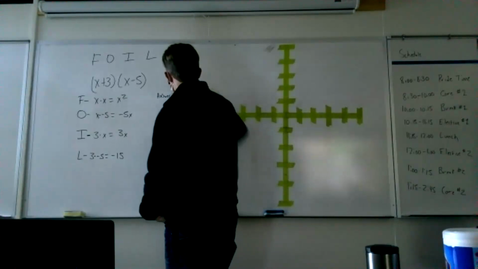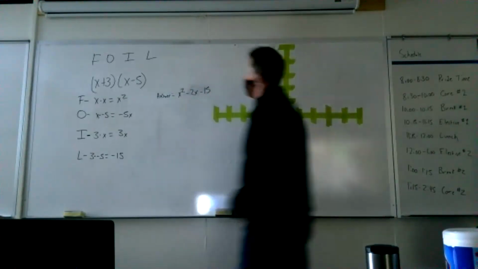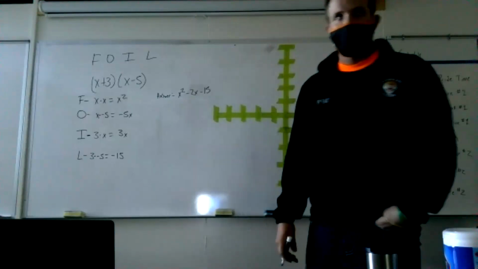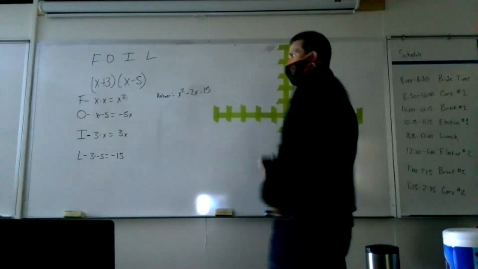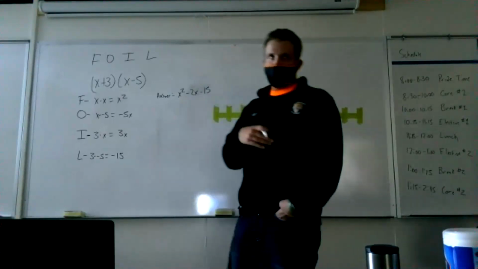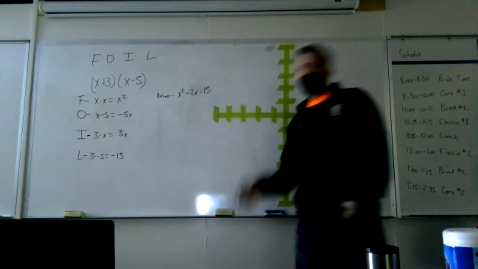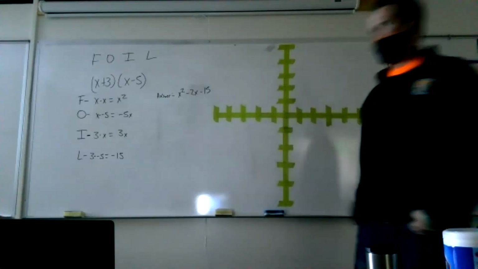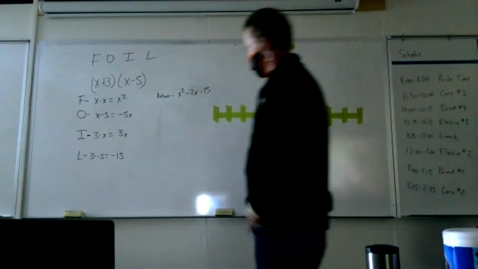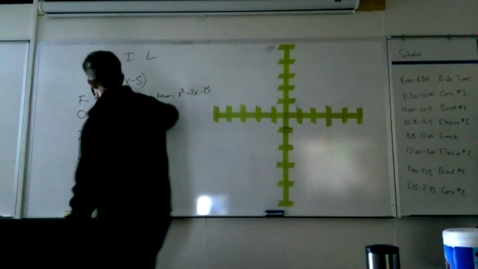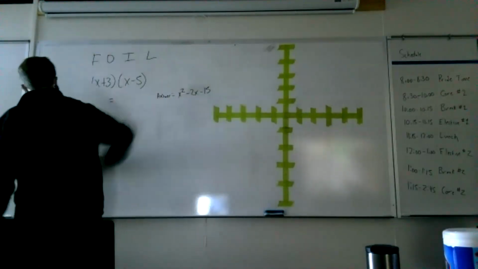So our answer here is x squared minus 2x minus 15. Okay, FOIL: multiply your first terms, your outside terms, your inside terms, your last terms, and then combine like terms. Okay, if we do the next example of it, I'm not going to break it down like this. I'm going to make it a little bit quicker, a little bit easier.